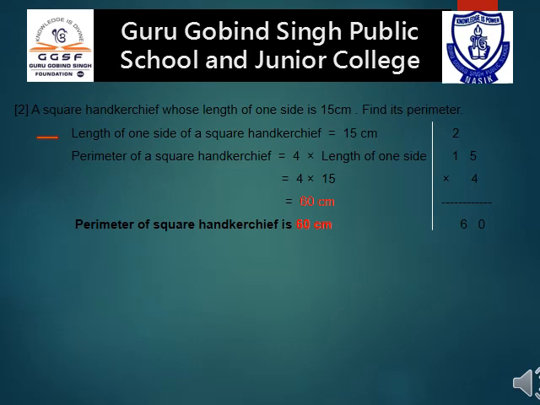So perimeter of a square handkerchief is equal to 4 multiplied by length of one side, is equal to 4 multiplied by 15, and the answer is 60 centimeter. So here perimeter of the square handkerchief is 60 centimeter. So like this we can solve the examples by using the formula of perimeter of square and rectangle.